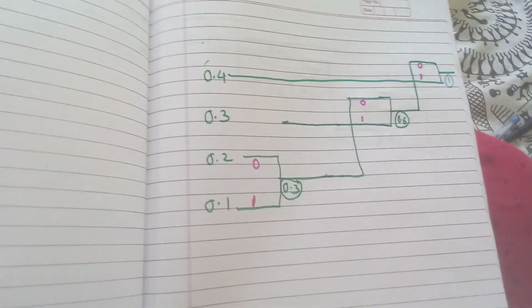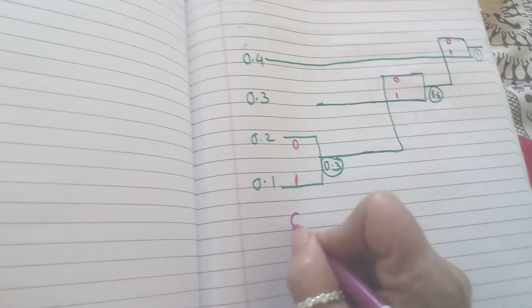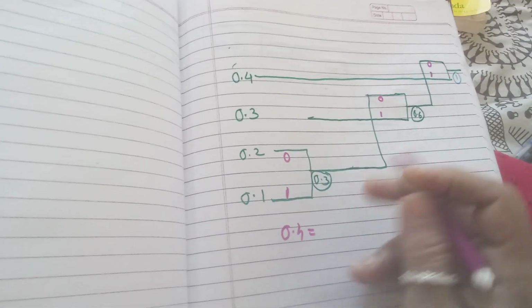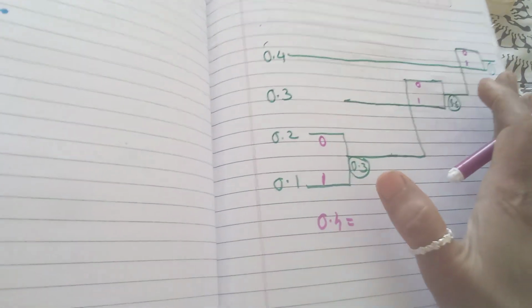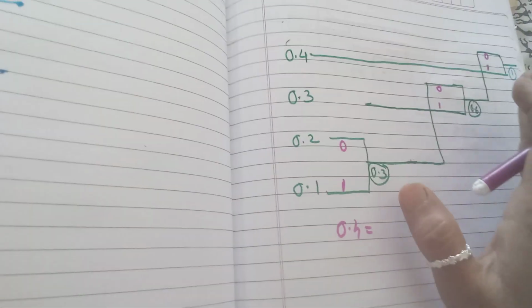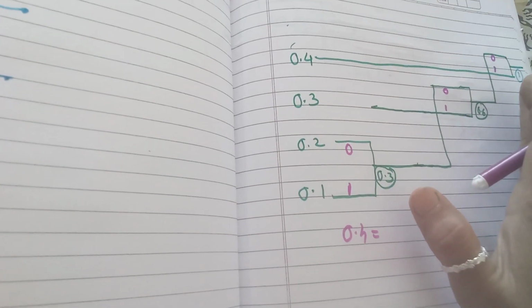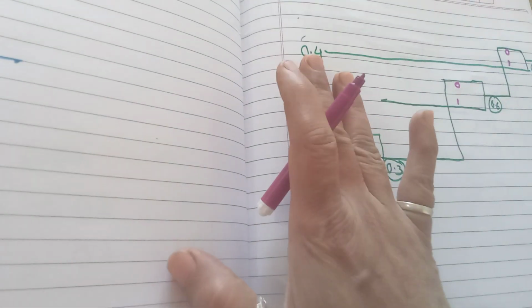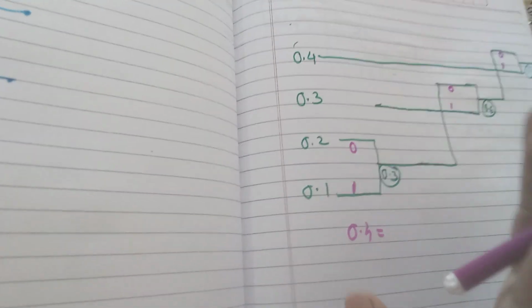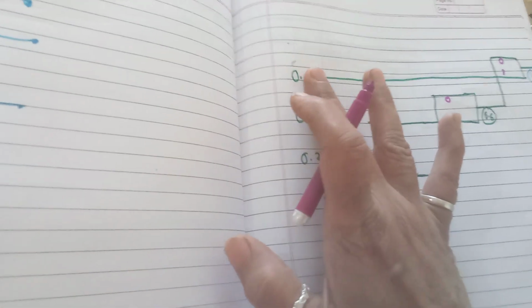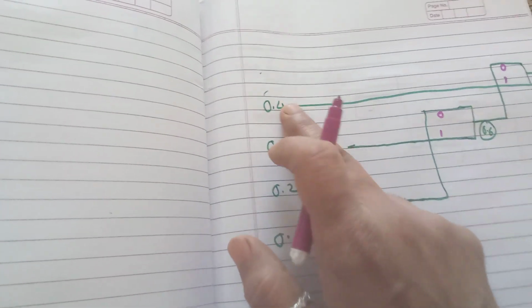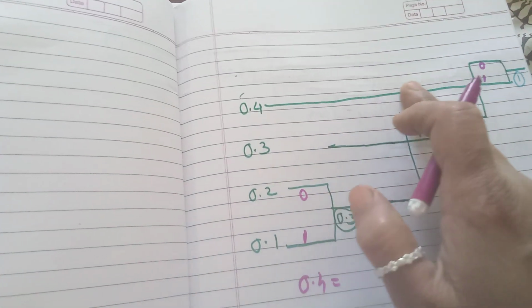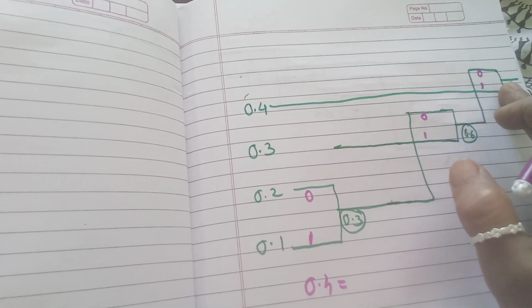Okay, now let us find the code. For the 0.4, I already told you that in the books they say you have to go from this side to this side, but it is a complex thing, so I suggest you go from this to this and reverse the bits. So 0.4, trace this path. 0.4 is 1.